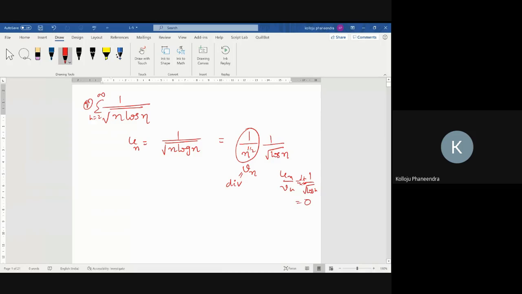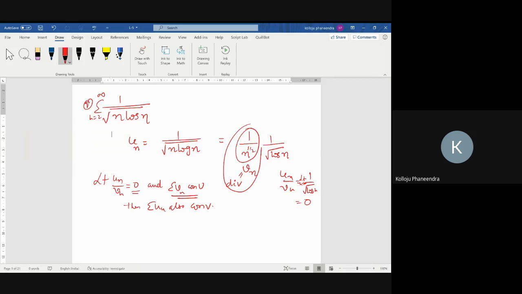Sigma Vn series is divergent. And what is our limit comparison test condition? If limit Un by Vn is equal to 0, when limit value is 0 and sigma Vn is convergent, then sigma Un also converges. But what is the case here?